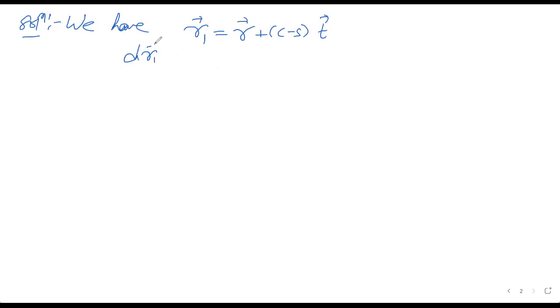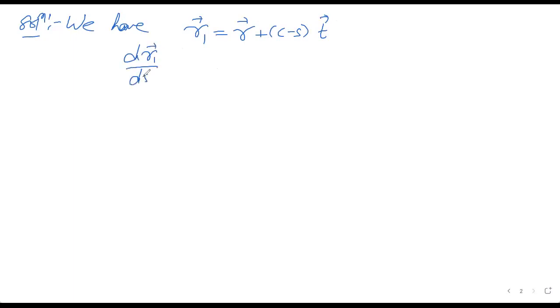So let us take the solution. We already have a curve. We have the involute whose equation is R1 is equal to R plus (C minus s)T. s is the parameter. So I want curvature, so I will be needing dr1 over ds.